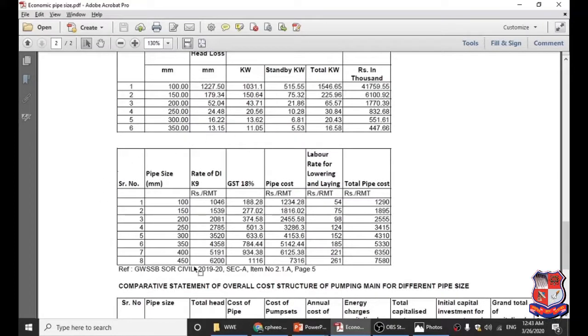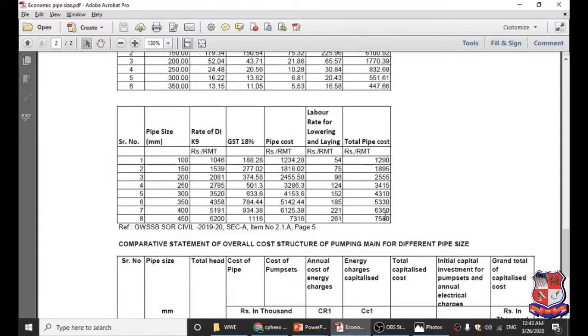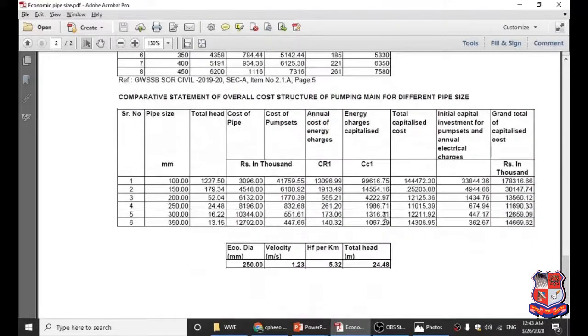And for pipe cost, we are considering GWSS BSR 1920. So for different diameters of pipe, we are considering DI K9 pipe. We have added GST also. So this is the total pipe cost, labor cost for lowering and laying, and this is total pipe cost for all sizes of pipe, right?